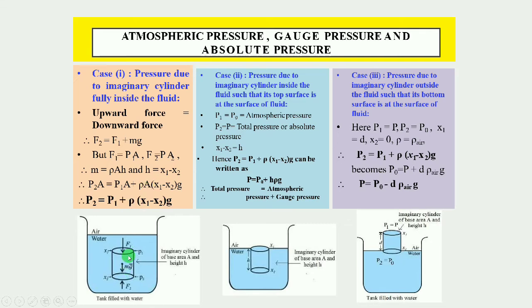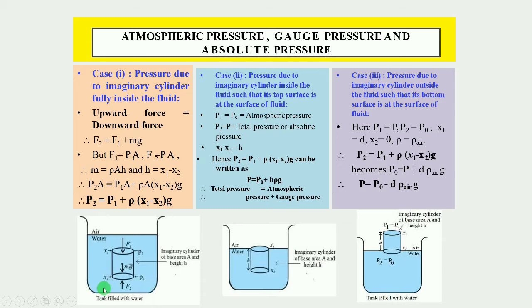Now if you talk about the forces acting on this imaginary cylinder, the force F1 is acting on the imaginary cylinder in the downward direction. This force is due to the liquid above the imaginary cylinder.